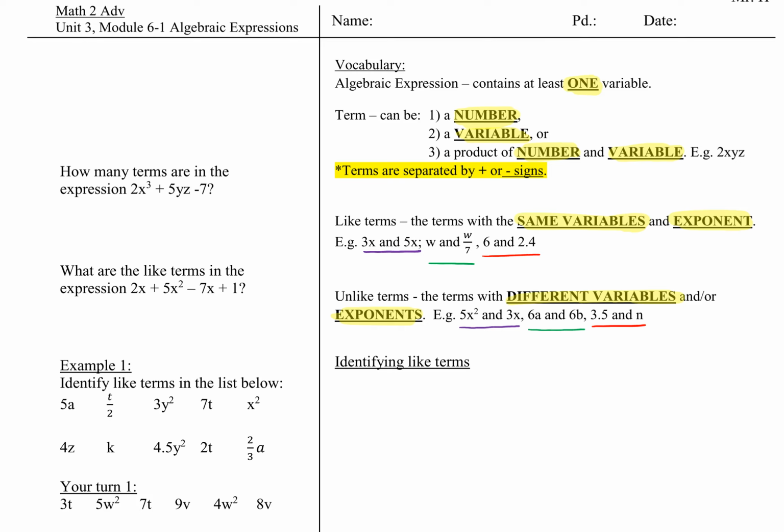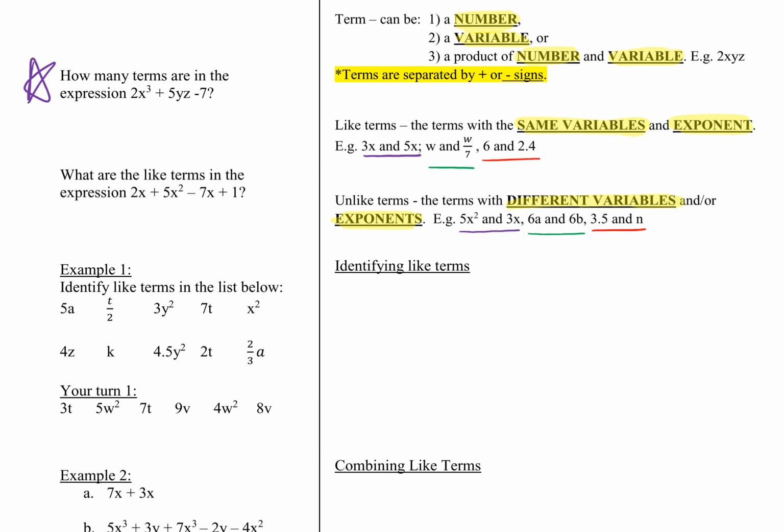So shift your attention over here to the left. How many terms are in the expression 2x cubed plus 5yz minus 7? Well, there are 3. There's 2x cubed, there's 5yz, and there's negative 7. Remember that when we have subtraction in a problem, we can rewrite that as addition.